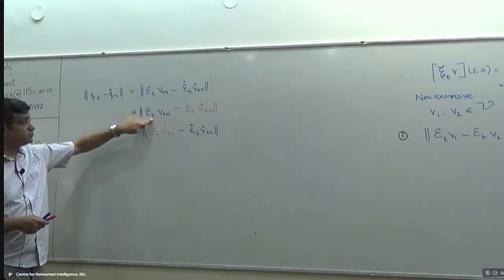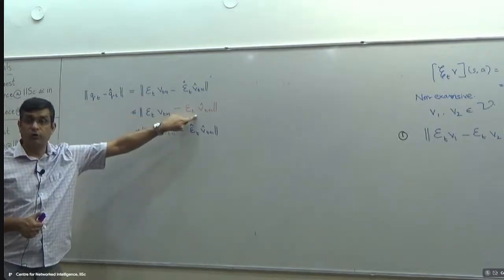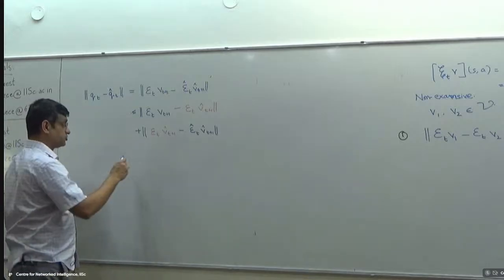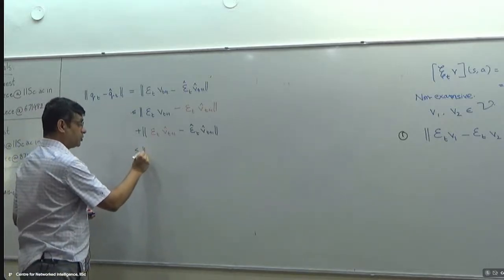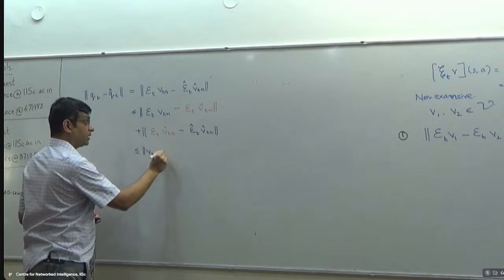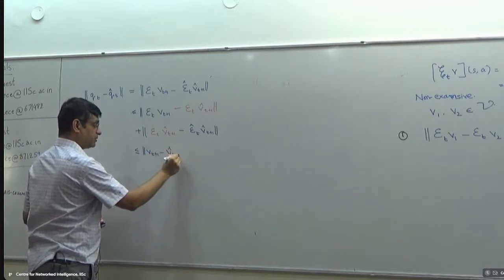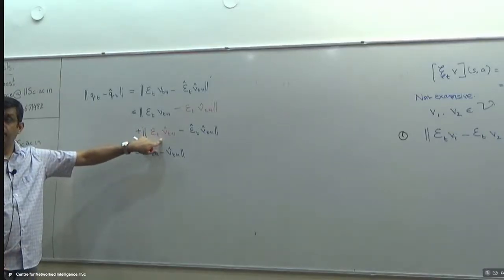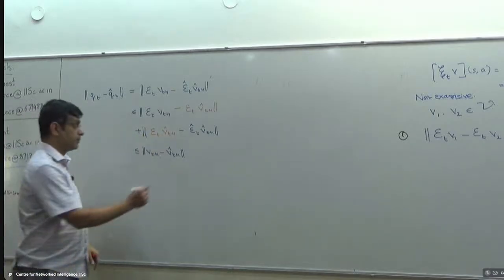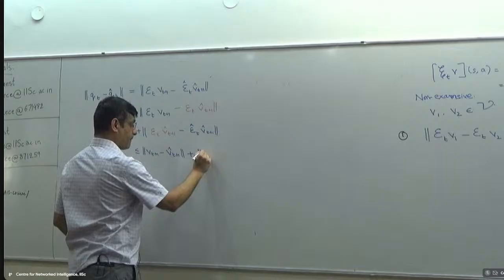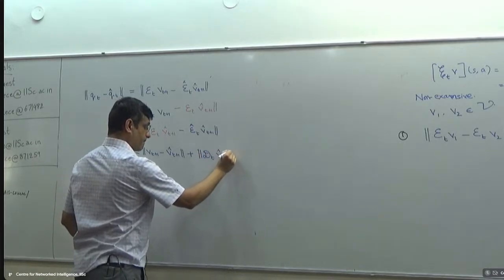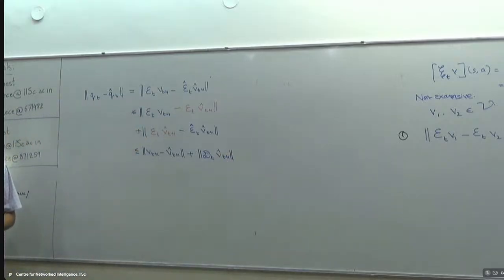This is the environment operator applied on two different things. I have shown this guy is non-expansive. So, this object is going to be less than or equal to V_{t+1} minus V hat_{t+1}, and this guy is the mismatch Bellman operator applied on V hat_{t+1}.